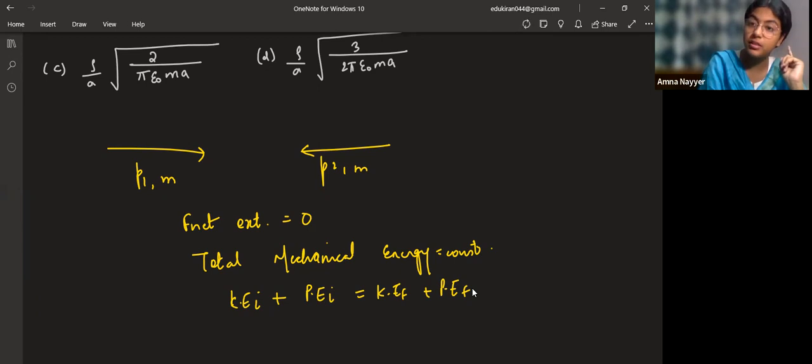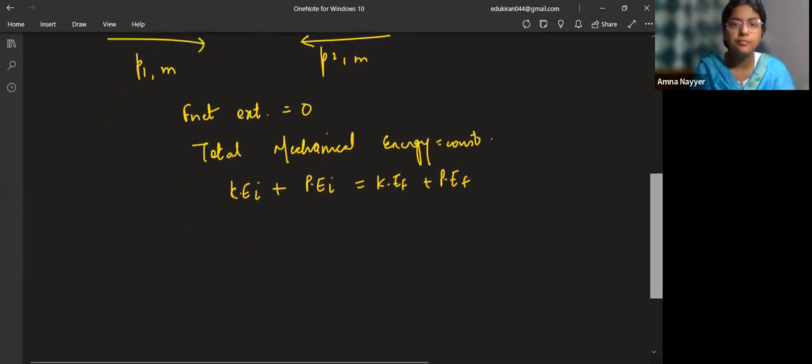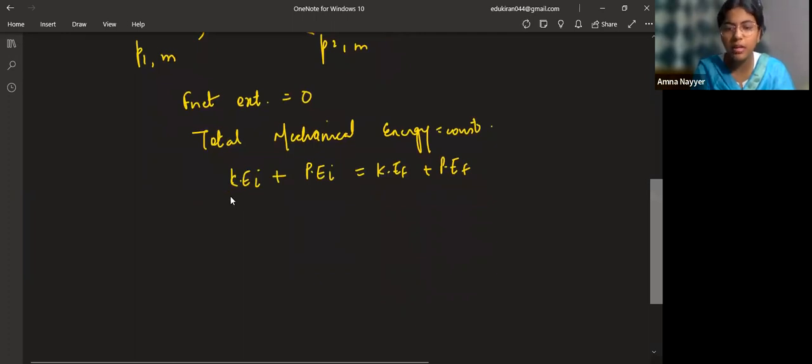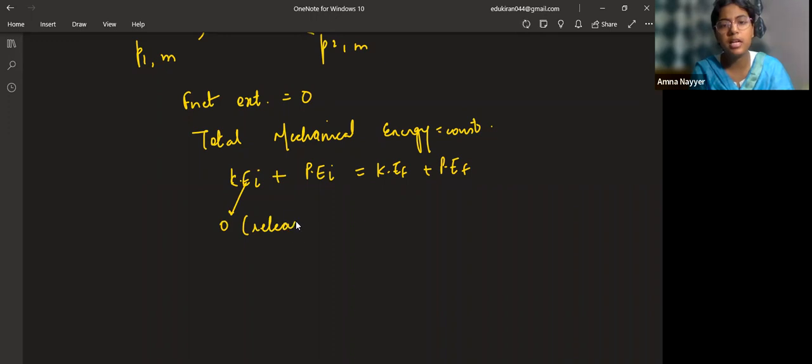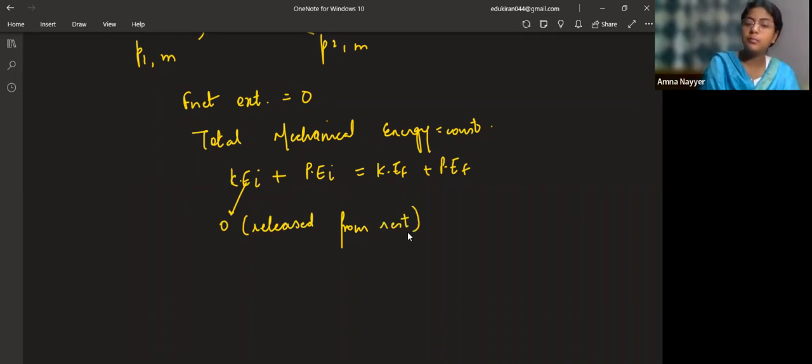That is also mentioned. If they are initially released from rest, that means initial velocity is 0. So initial kinetic energy directly becomes 0.